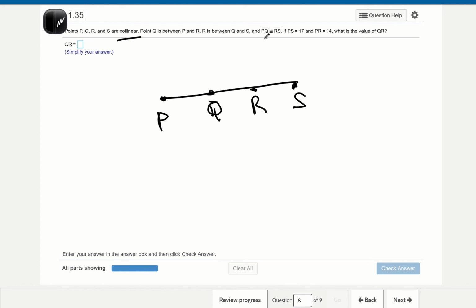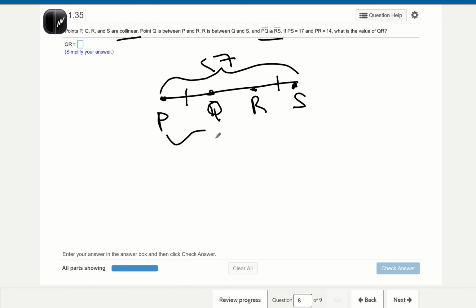And it says that PQ is congruent to RS. So these two have to be equal. I'm going to use that little tick mark to show that the measures are equal. Now, PS is 17, so this entire thing is 17. And then PR is 14.